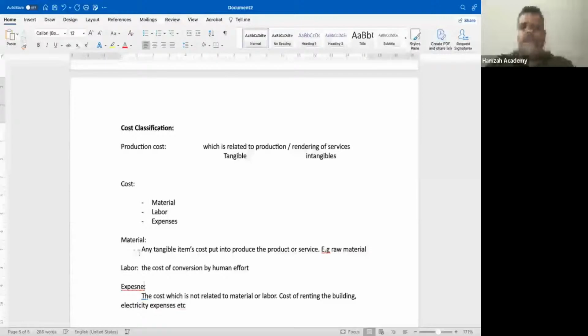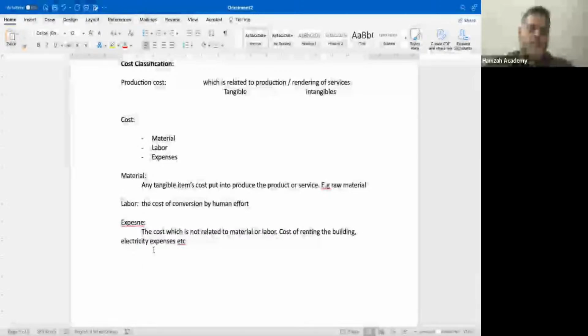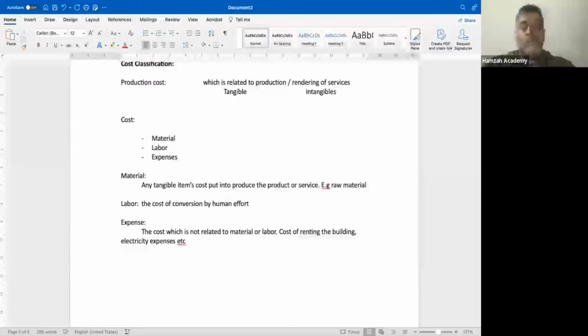So material is any tangible item cost that is put in to produce a product or service, like the raw material that we have, which is a tangible one. Similarly, labor is the cost of conversion by human effort. And expense is the cost of not the material, not the labor, but some other form of expense that you are incurring, right?